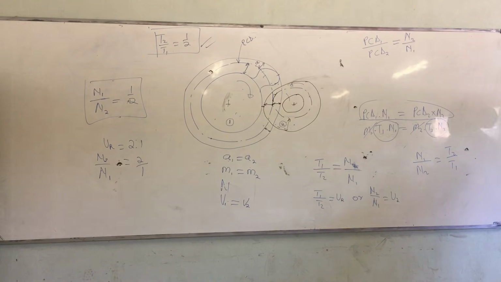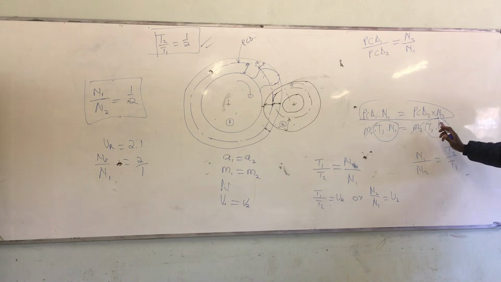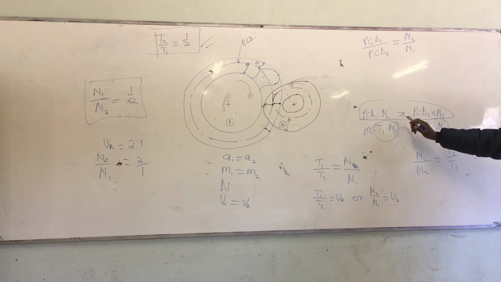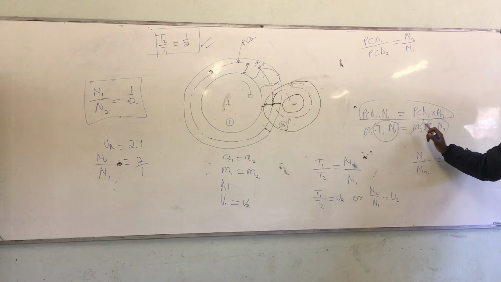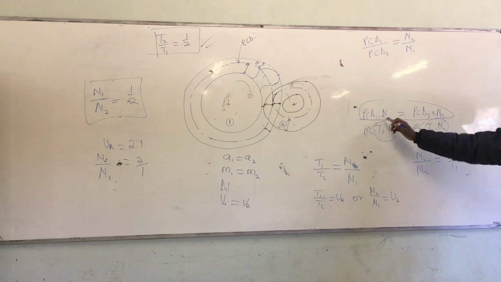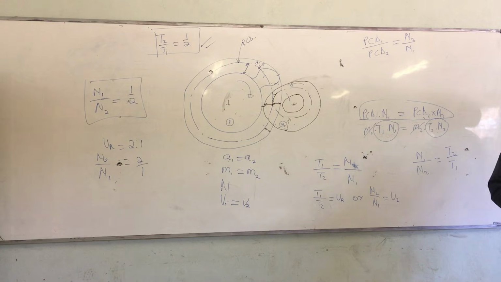Is that correct? Remember, this formula is from this one. So I'm just taking it from here, then I divided everything by PCD, by cross multiplication. You understand? Mathematics. That is why Mechanotechnics is teaching you mathematics.